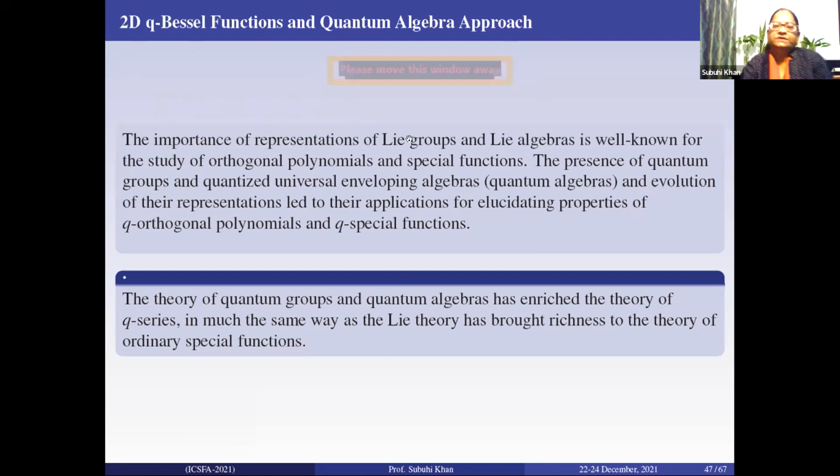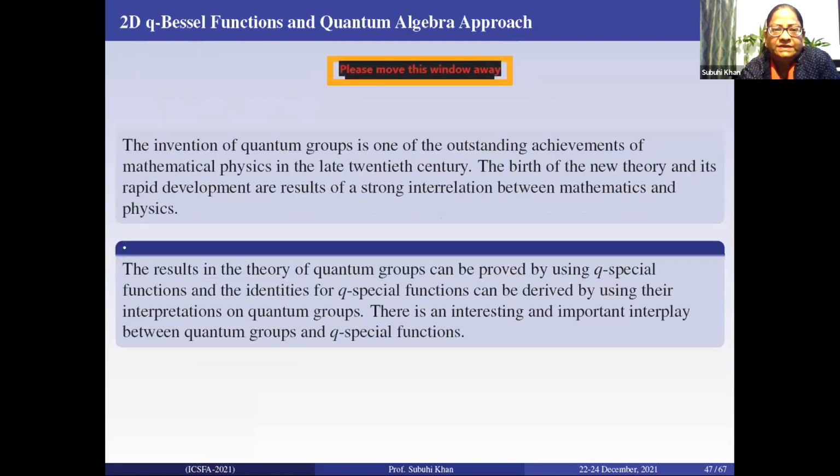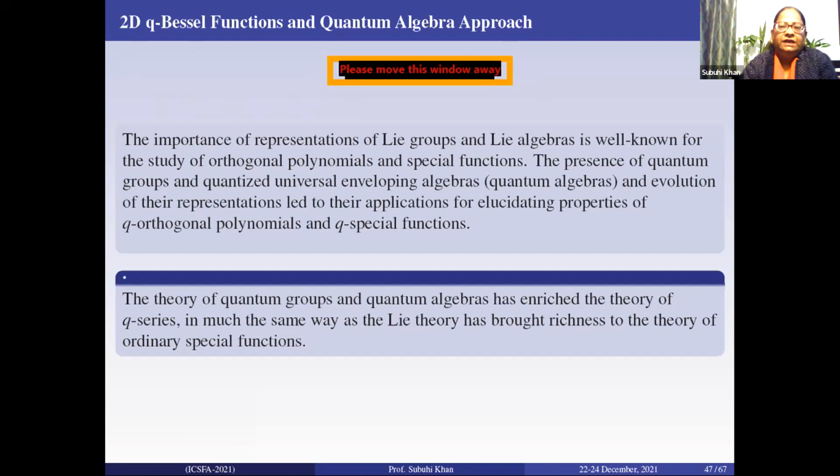The importance of Lie groups and Lie algebras is well known for the study of orthogonal polynomials and special functions. And as I mentioned earlier, the presence of quantum groups and generalized universal enveloping algebras, known as quantum algebras, and the evolution of their representations led to their applications for getting the properties of Q orthogonal polynomials and Q special functions.